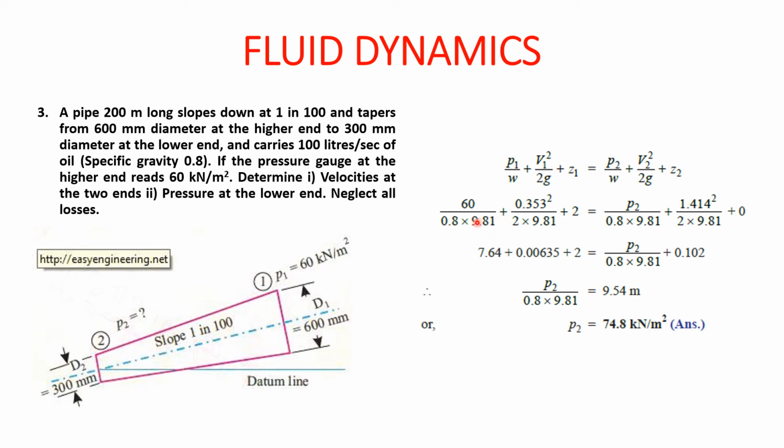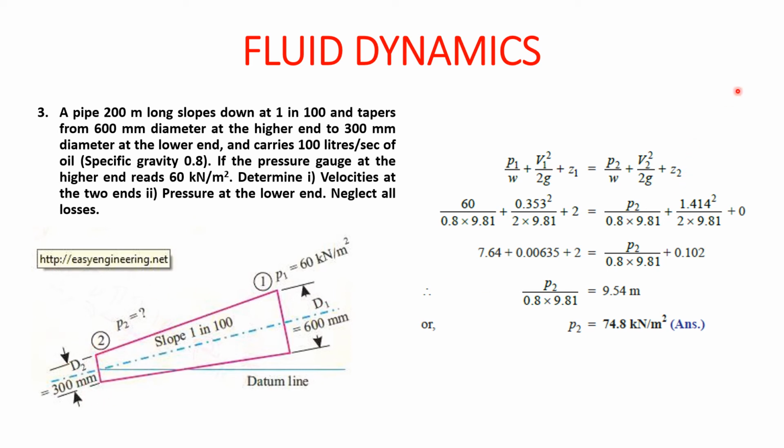But now we are taking the value in kilonewton. So 0.8 into 9.81 plus V1 square, that is 0.353 square divided by 2 into 9.81, plus Z1 is 2, is equal to P2, which we have to calculate, divided by 0.8 into 9.81, again in kilonewton per meter cube, plus V2 square, that is 1.414 square divided by 2 into 9.81, plus Z2 is 0, because section 2 is at the ground level.